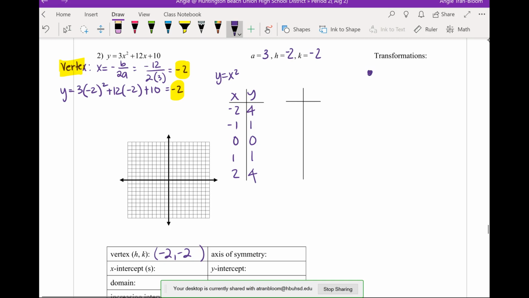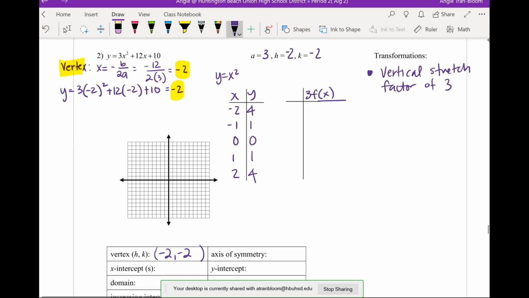The 3 tells me what kind of transformation is that? Vertical stretch. A is bigger than 1. Vertical stretch. Factor of what? Of 3. That means I'm going to take that value and do what on the table? 3f of x is right. 3f of x, or 3 times y.